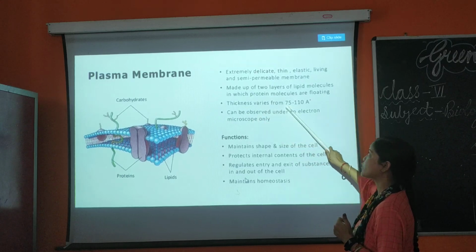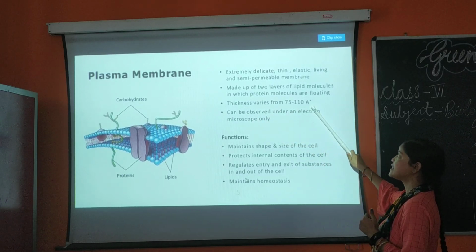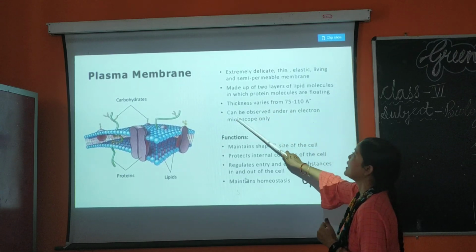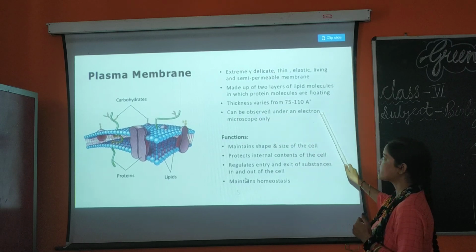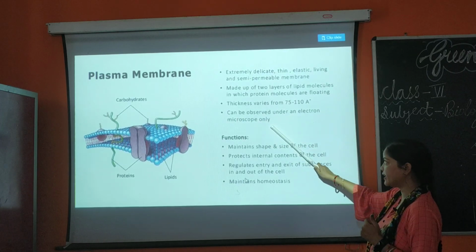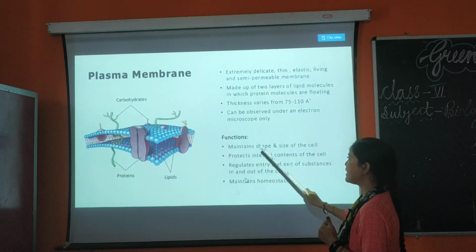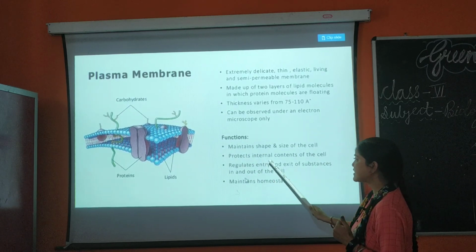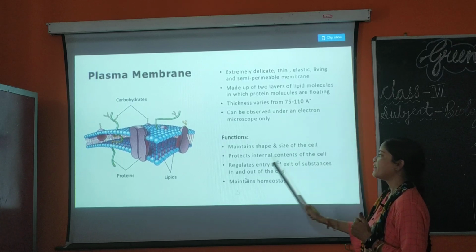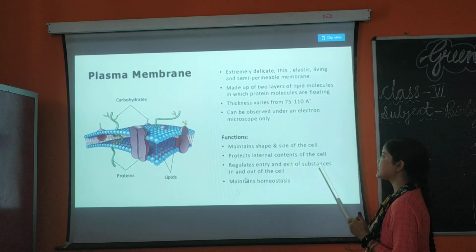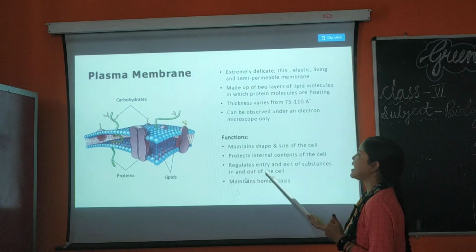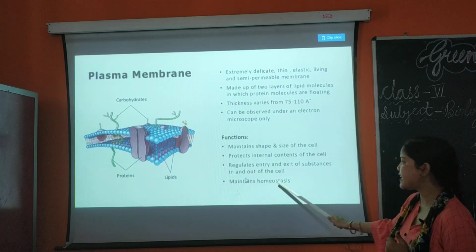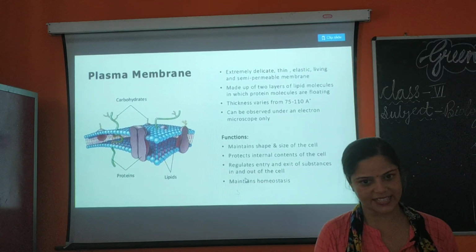Thickness varies from 75 to 110 angstrom, and it can be observed under an electron microscope only. Functions: maintain shape and size of the cell, protects internal contents of the cell, regulates entry and exit of substances in and out of the cell, and maintains homeostasis.